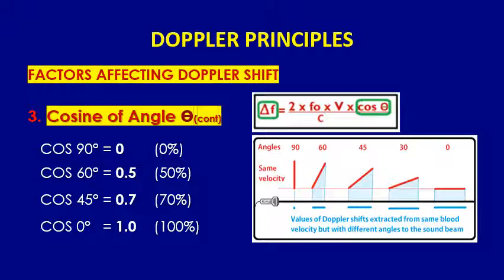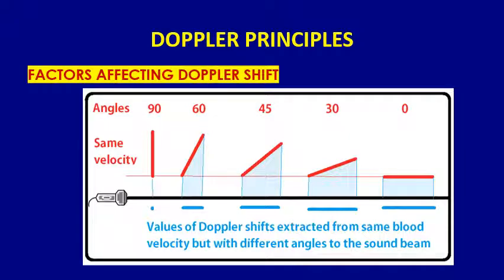What happened? The sound beam can detect the whole Doppler shift out of this velocity range. So as we see here, this is a large diagram. The larger the angle, the less the Doppler shift. The lower the angle, the higher the Doppler shift, right?